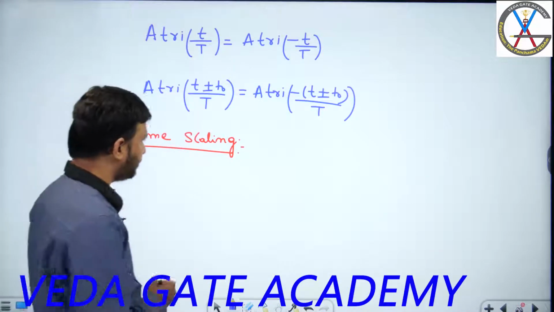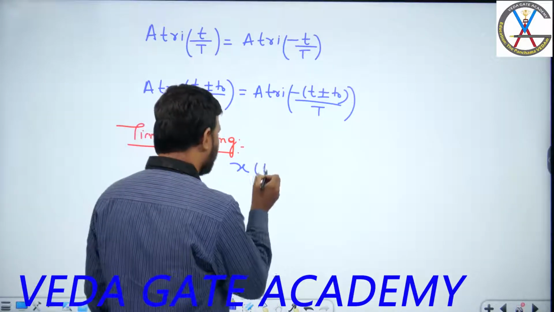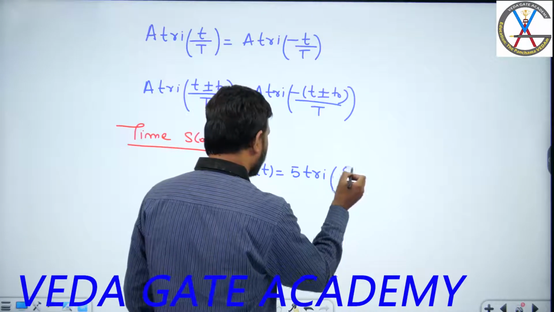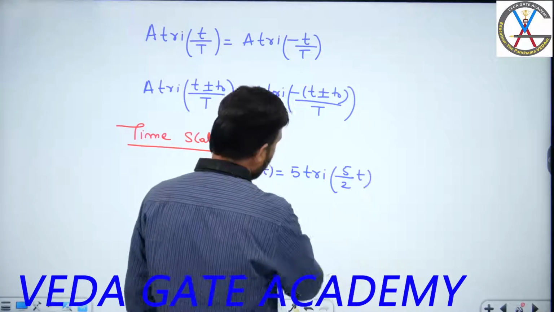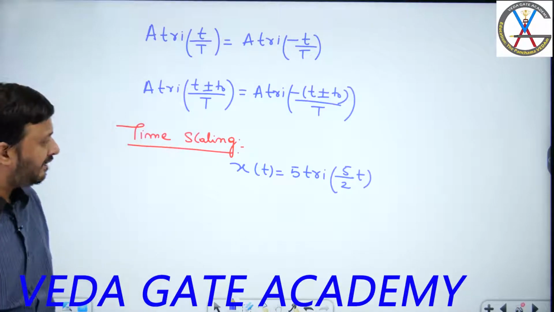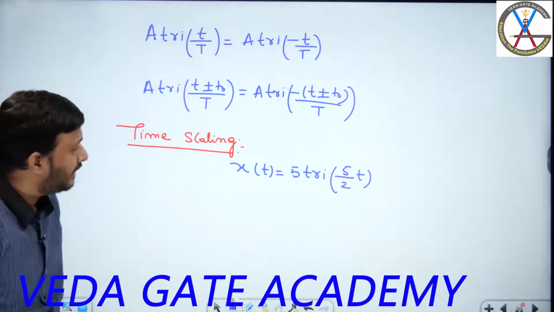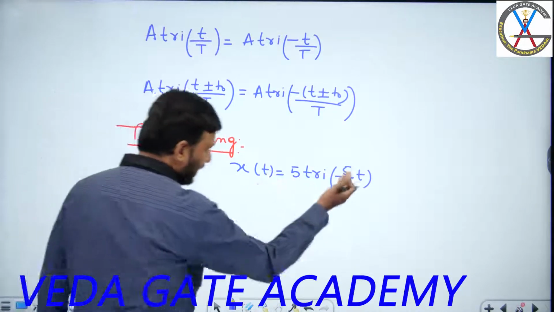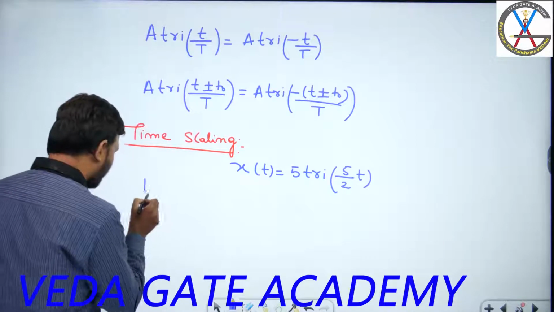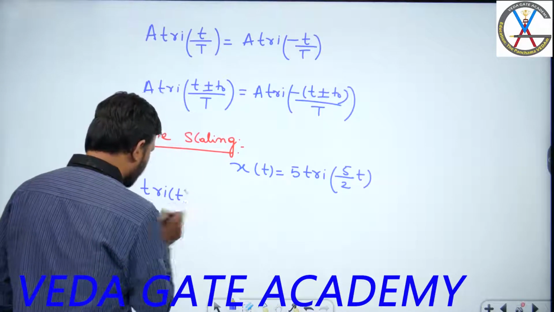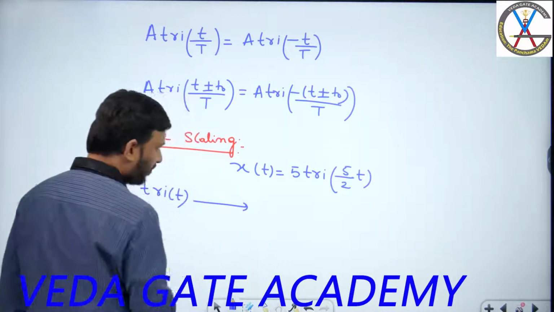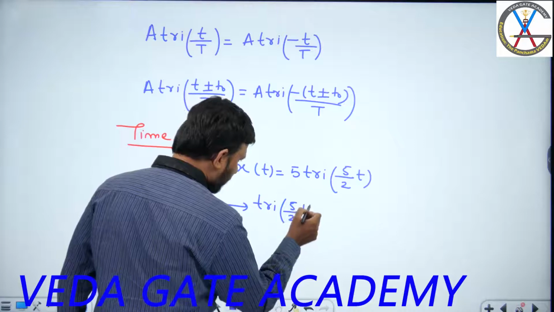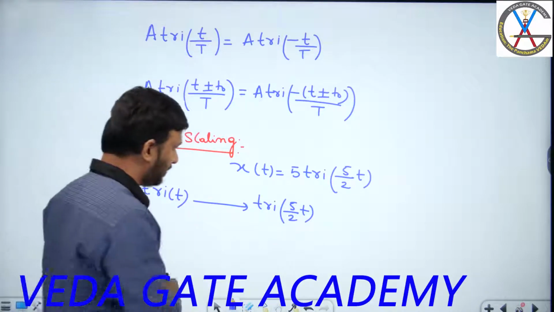Suppose I ask you x of t is equal to 5 tri of 5 by 2 t. How are you going to perform this? Tri t is there, so scale that tri t. Now what you have to do? Scale tri t by 5 by 2, which will be a compressed version.